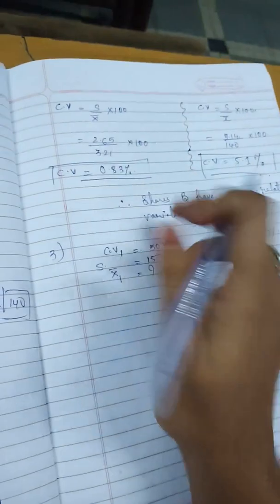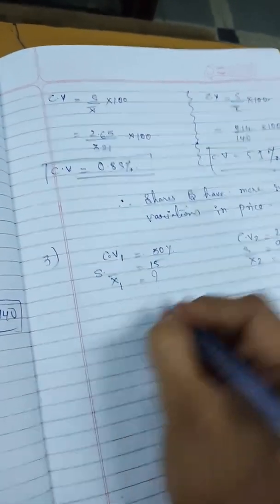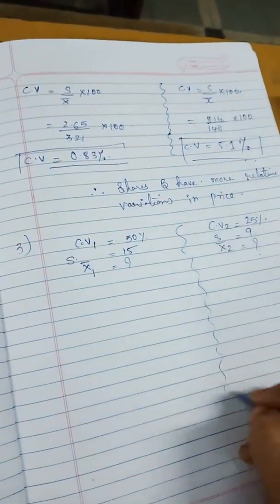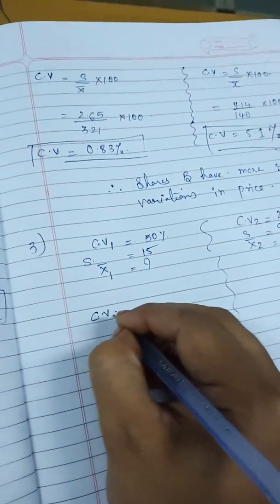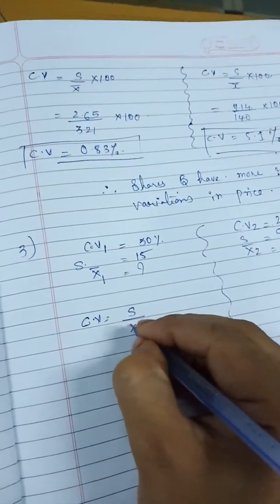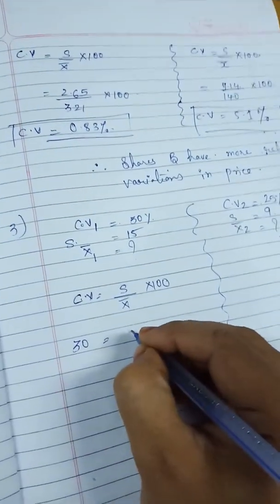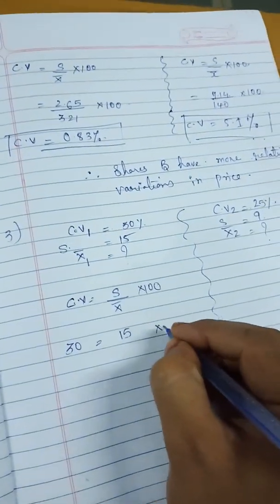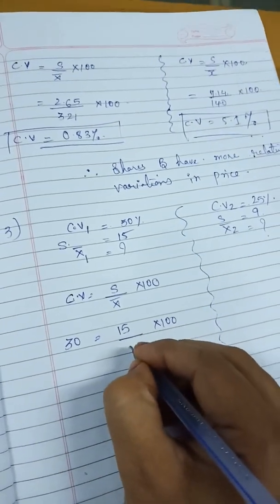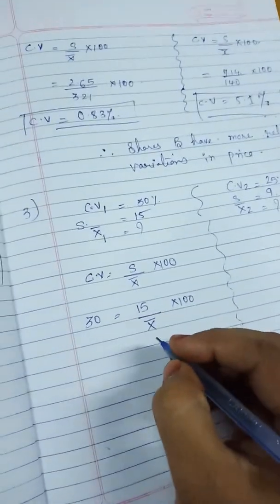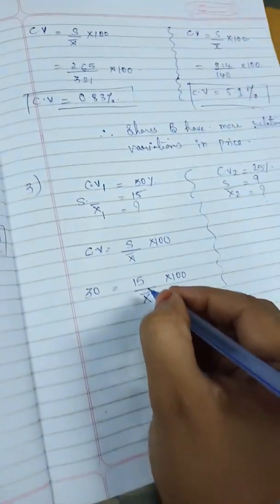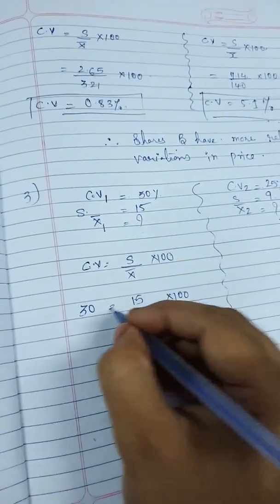Simple, we will be using this formula. So here for the first, CV equals standard deviation divided by mean into 100. So here CV is 30. Standard deviation 15 into 100 divide by mean. We don't know the value of mean. So first we will be multiplying this.